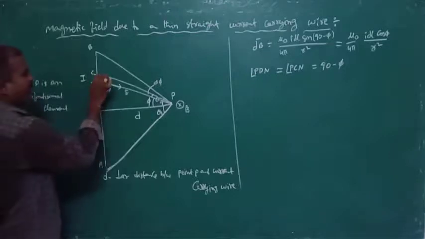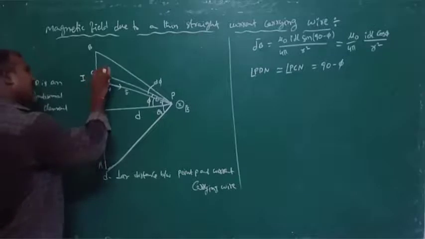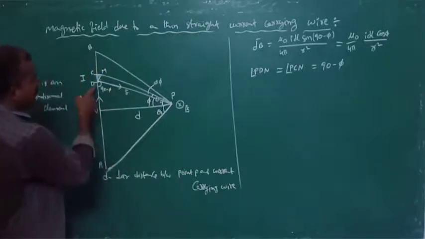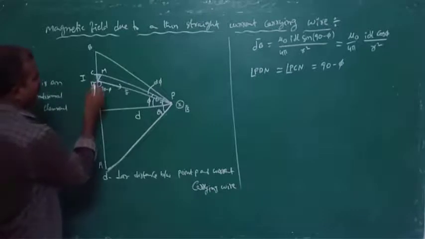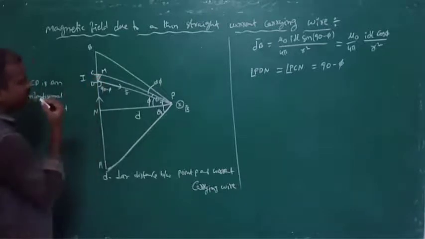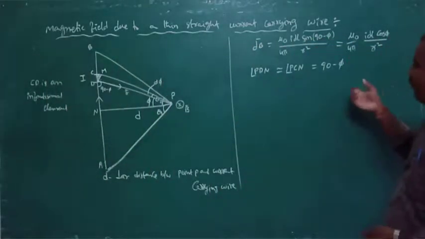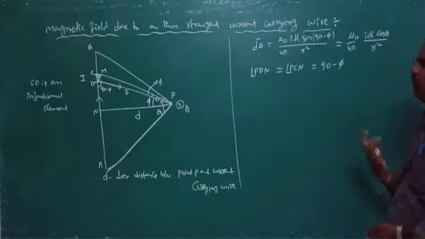Then you can draw a perpendicular line from here to here. That point is M. This angle is 90 minus φ, and this one will also be 90 minus φ because the element is infinitesimal.